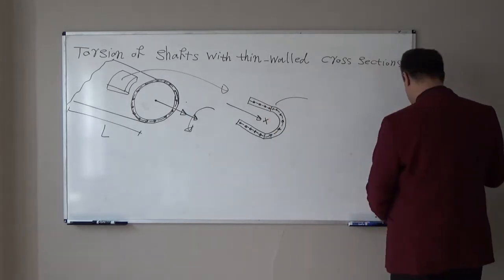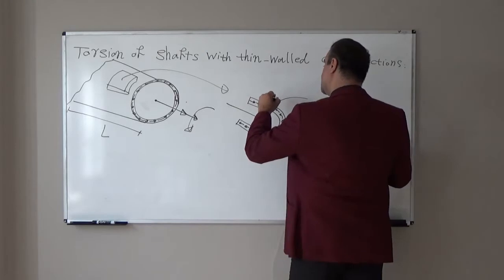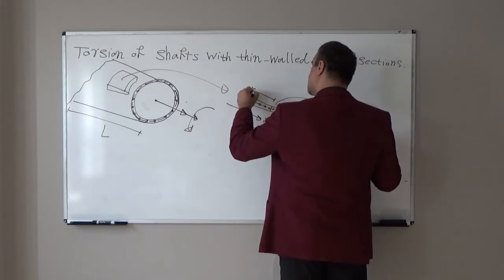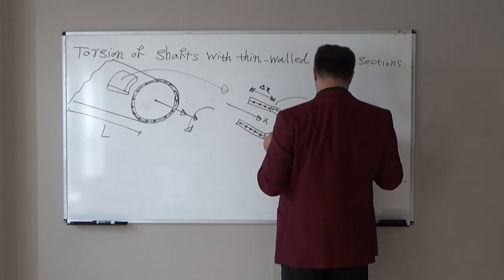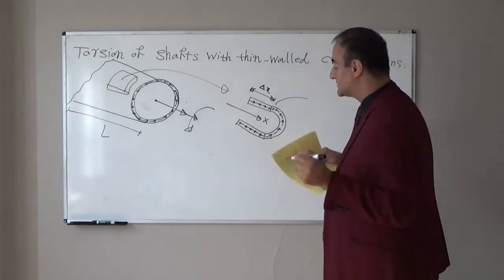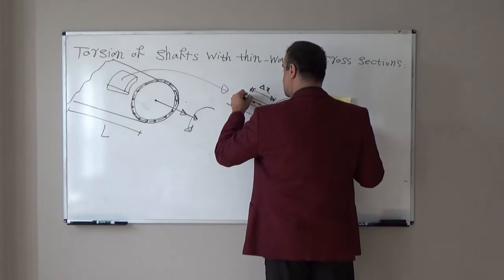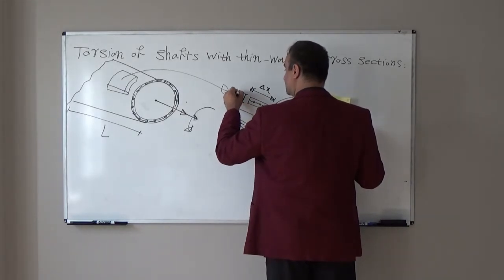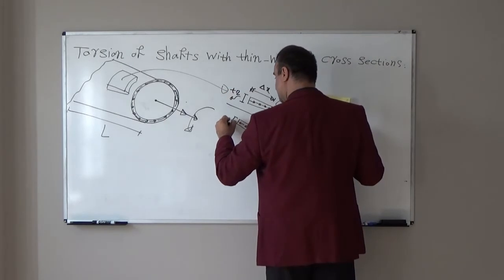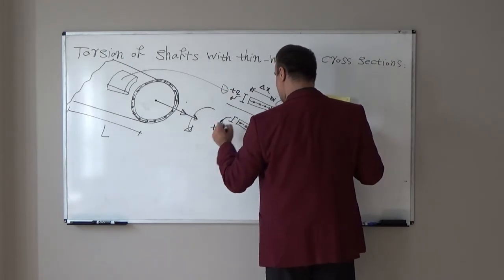I assume one small element, I cut it in the longitudinal direction. The length of this element, I assume it is delta x. Even I assume the thickness, for example, is not uniform. Here the thickness of the wall is T2. Here the thickness of the wall is T1.